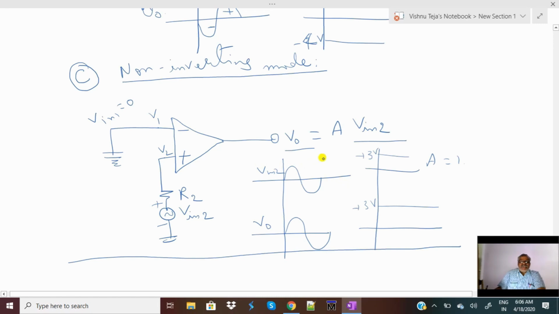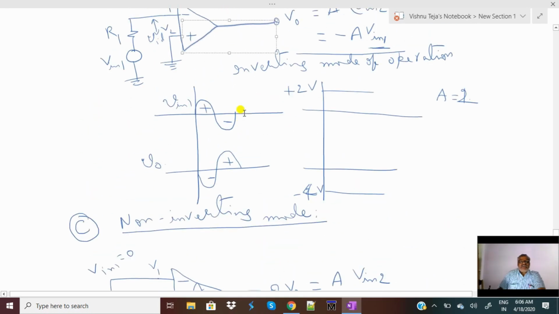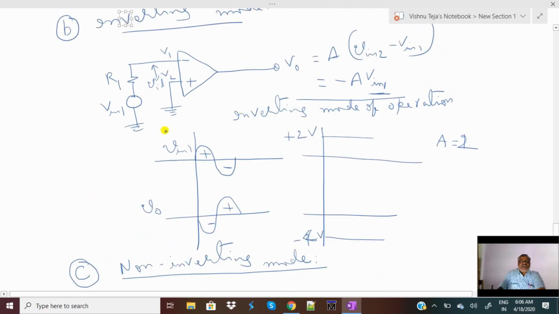What is the phase difference between the input and output waveforms if we operate this operational amplifier in non-inverting mode? It is 0. Taking the case of the inverting amplifier, what is the phase difference between the input and output signals? It is 180 degrees.